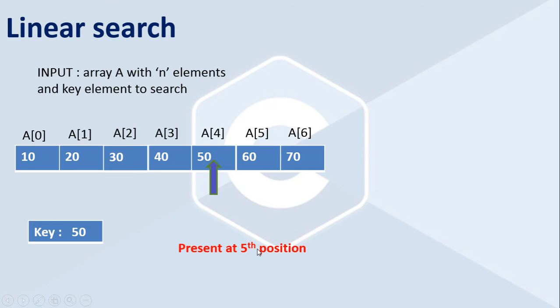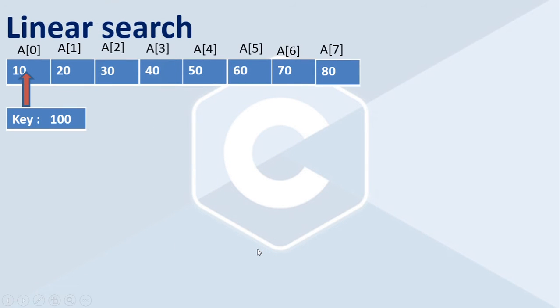Right? Now we can consider the next situation. Here the key is 100 and the same set of 7 array elements. Here we can start from the 0th index position. Here we have no match, so increment the index to the next location. Again no match, simply increment. Again no match, increment again, no match exists. Continue the same.